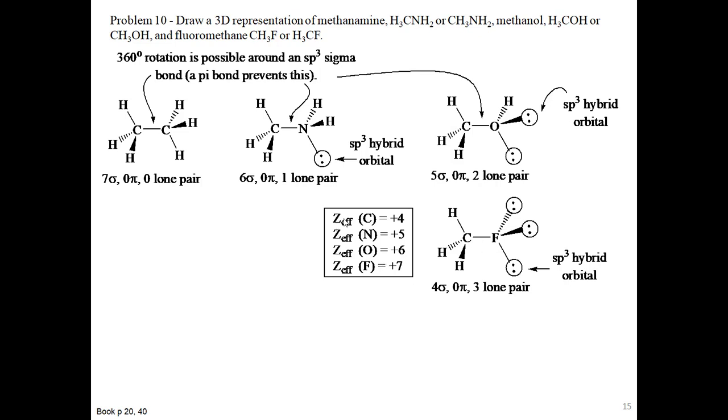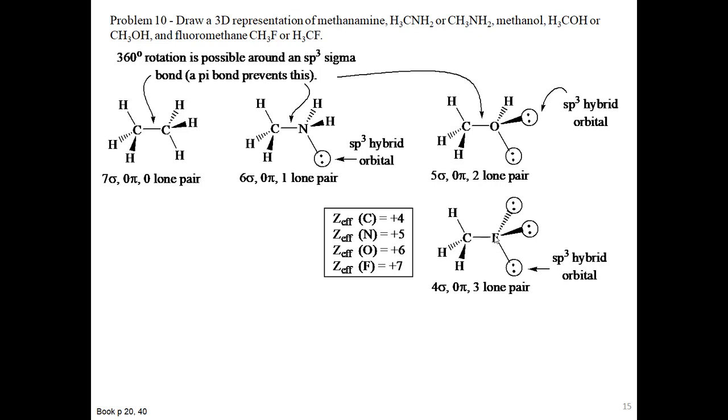Now the Zeffective, remember, carbon is +4, nitrogen is +5, oxygen is +6, fluorine is +7. So each of these atoms, the carbon, the nitrogen, the oxygen, and the fluorine, will hold the electrons tighter and tighter. Down here, fluorine has the greatest attraction for the electrons. That's going to pull the electrons away from the carbon a little bit, but it can't quite steal them all the way.